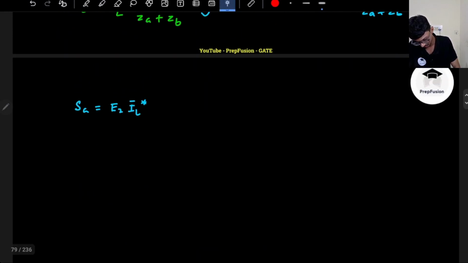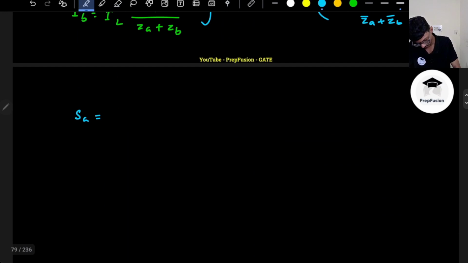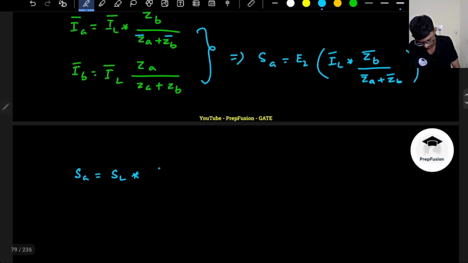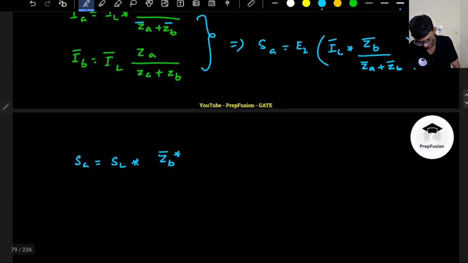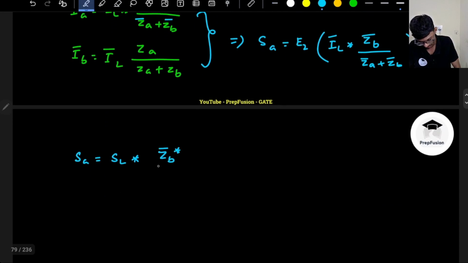So this will be SL into ZB conjugate divided by ZA conjugate plus ZB conjugate. So this is my SA.